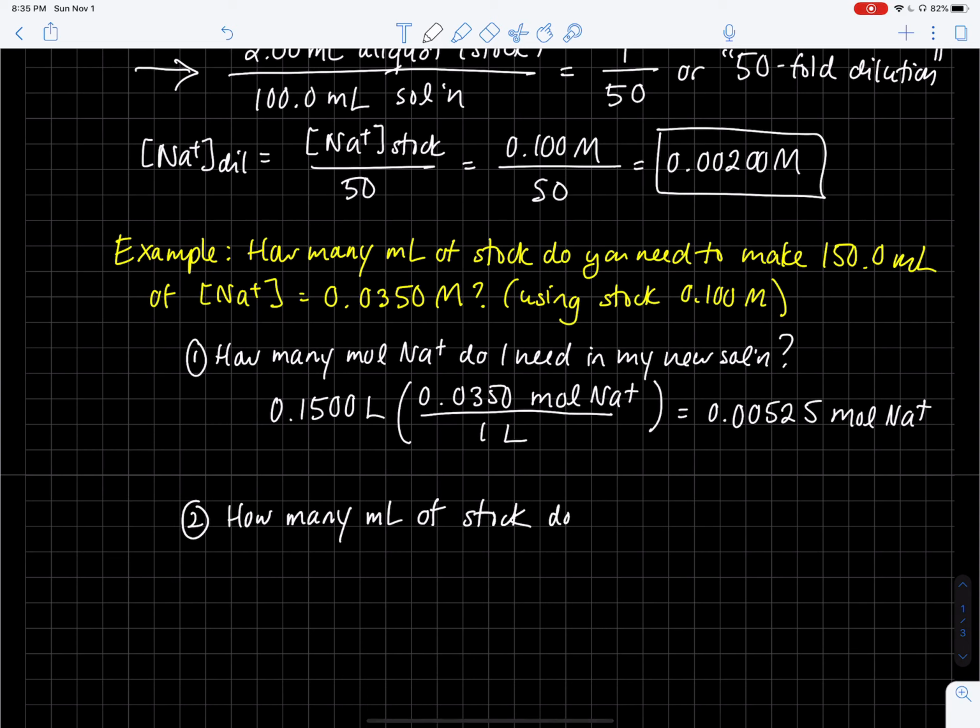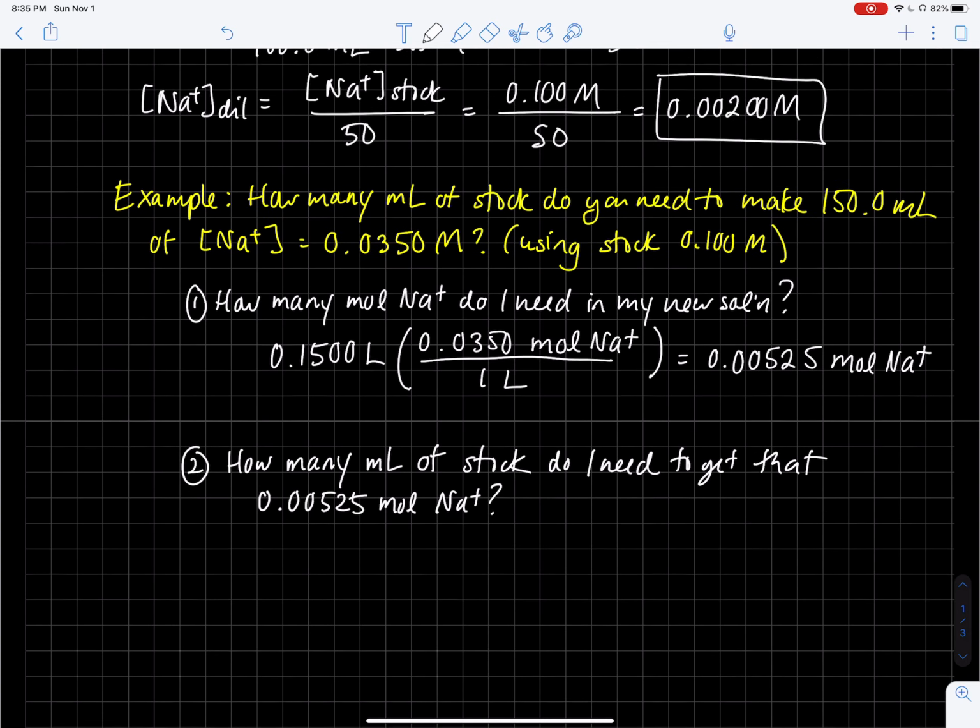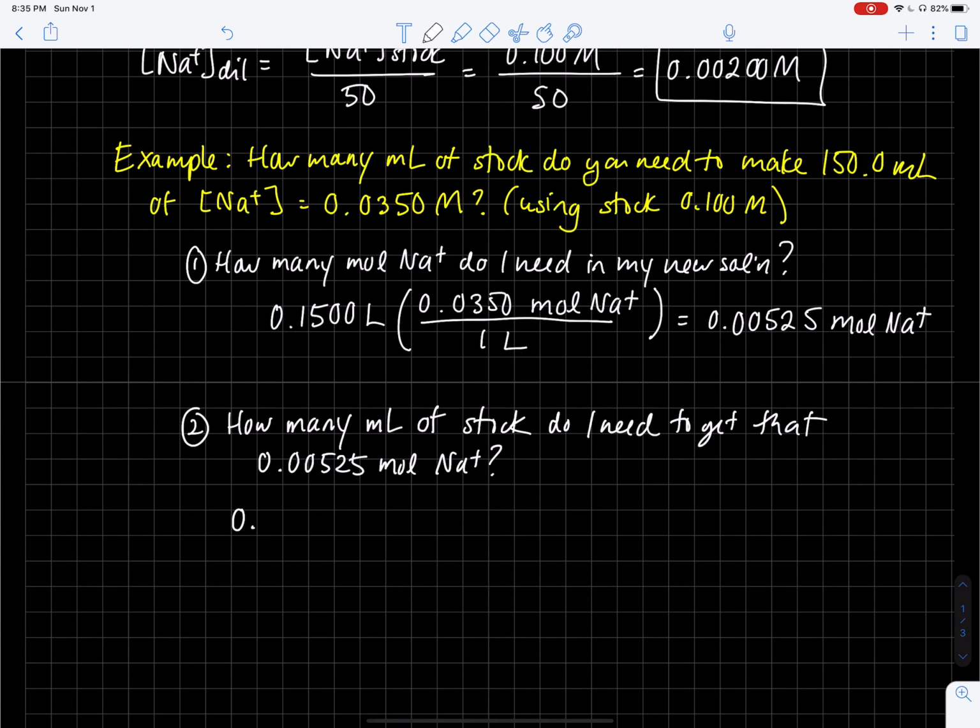The second question is, how many milliliters of stock do I need to get that many moles? I like to separate it out this way, at least in teaching it to you, because we have 2 different concentrations, and so it's helpful to keep them straight. So how many milliliters of stock do I need to get that 0.00525 moles of sodium? This should look like another calculation from the last video.